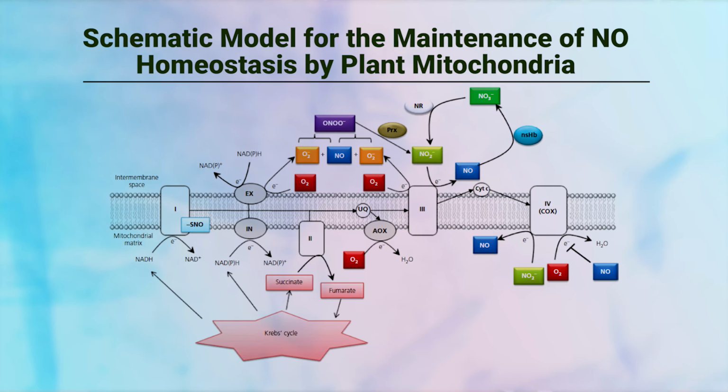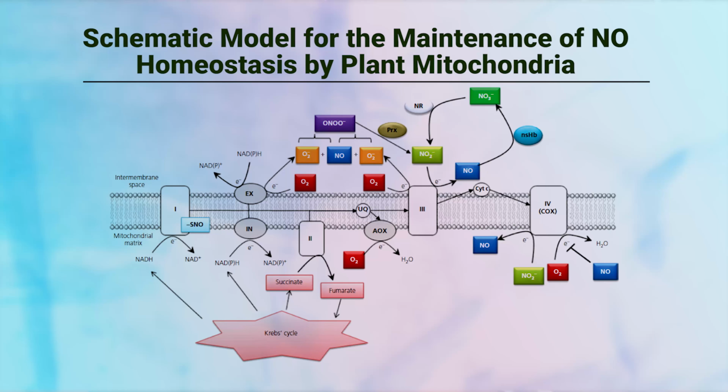This diagram is a schematic model for the maintenance of NO homeostasis by plant mitochondria. As we can see, nitrate is reduced to nitrite by cytosolic nitrate reductase, or NR. Nitrite is then reduced to NO by cytochrome c oxidase, or COX, or complex 3 of the mitochondrial respiratory chain. At physiological levels, NO causes reversible inhibition of COX and can also lead to S-nitrosylation of complex 1.